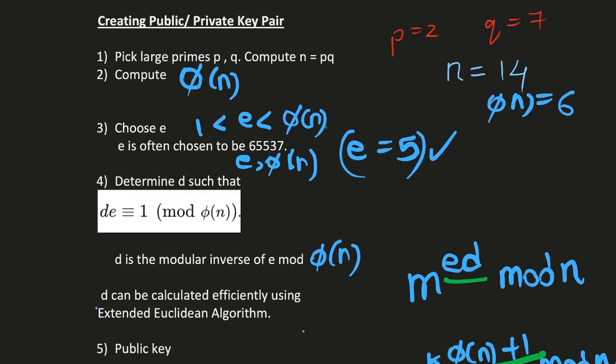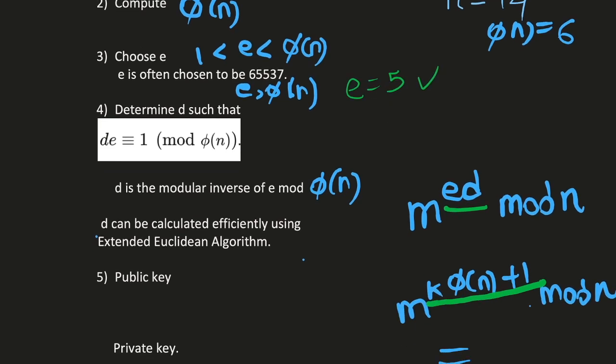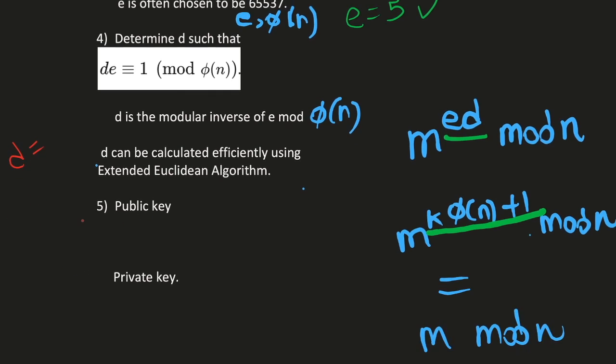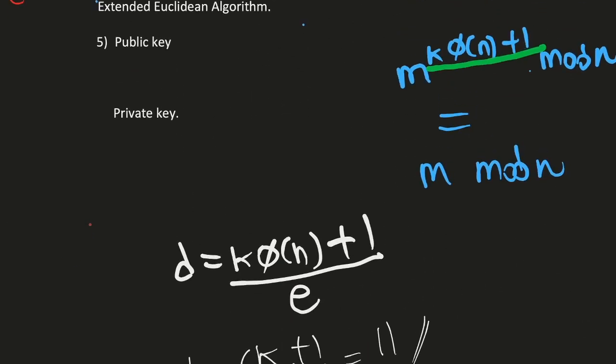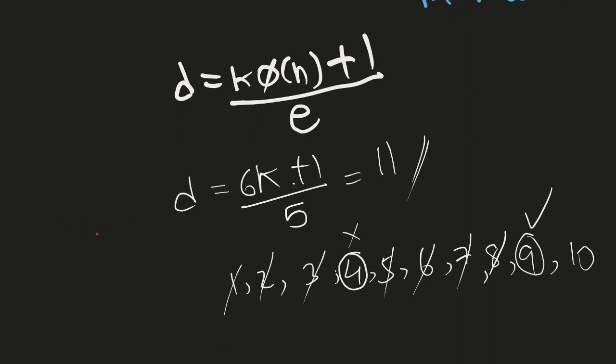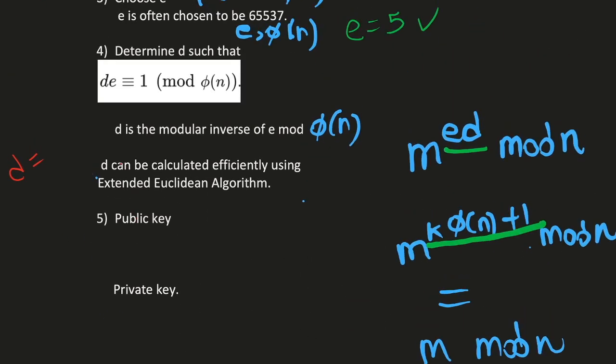So let me just write it down. I had my E, and now my D is, sorry, K is 9 and D is 11. There. And now we have our public key and private key.